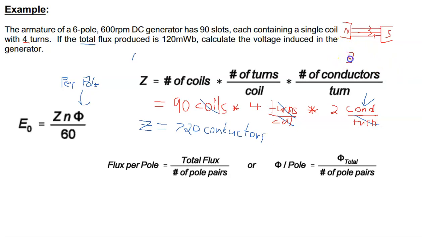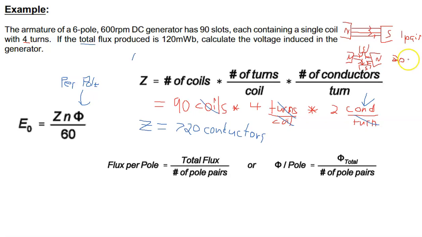In a 4-pole machine, the field looks a little bit different, and the flux comes out of the north pole into the south pole, something like this. We wouldn't take the total flux and divide it by 4 to figure out the flux per pole. We divide it by the pole pairs. So 1 pair up there and 2 pairs here, and so on for a 6-pole machine, and if there's more.